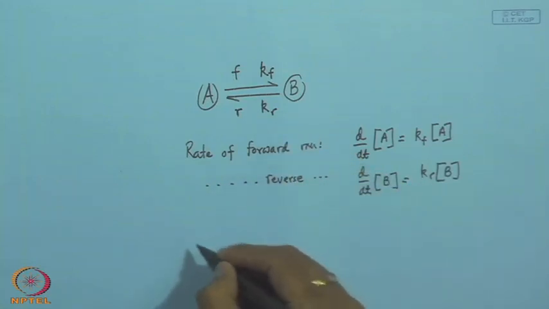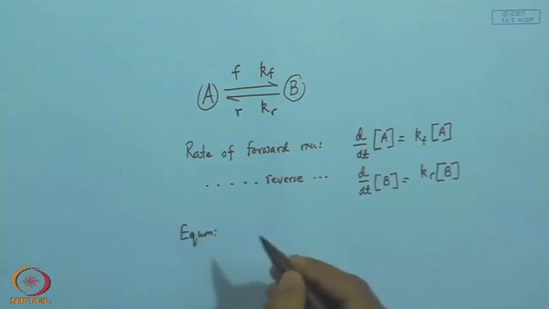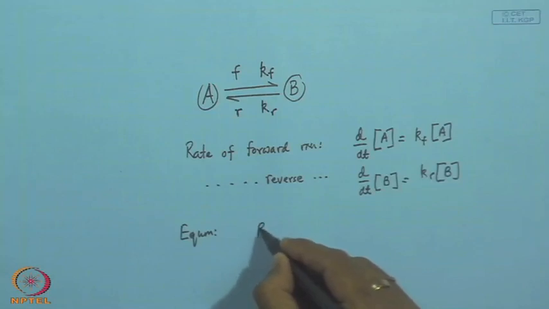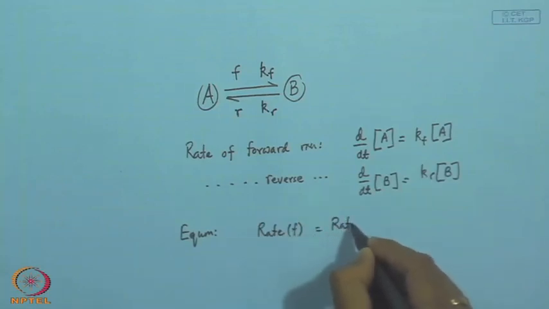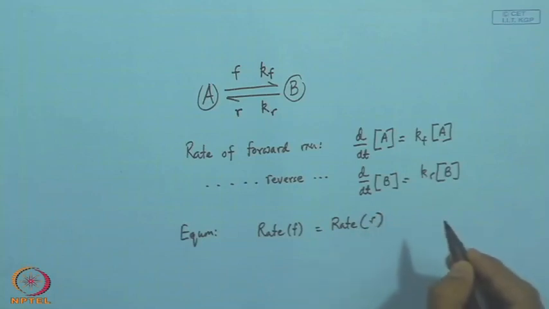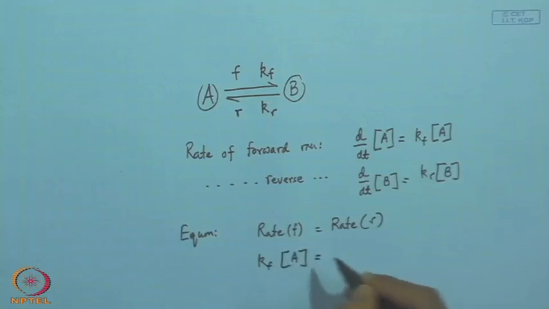Okay. So, at equilibrium what can we write? At equilibrium, rate forward is equal to rate reverse. So, we can write Kf into A is equal to Kr into B.